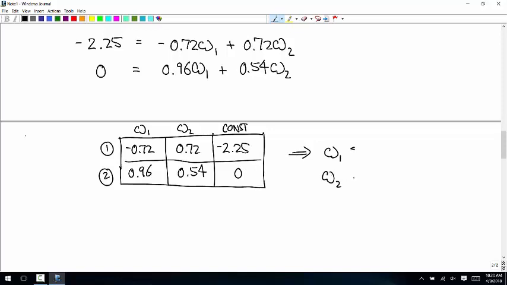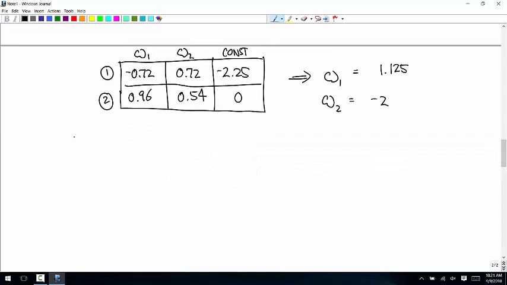So can someone calculate omega 1 and omega 2? Okay, so omega 1 is 0, 0, 1.125. Omega 2 is 0, 0, negative 2.